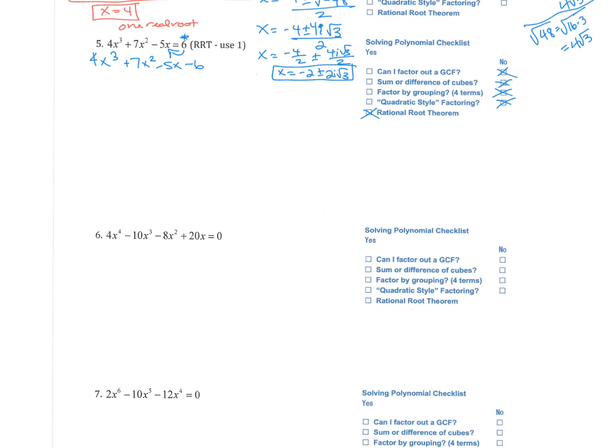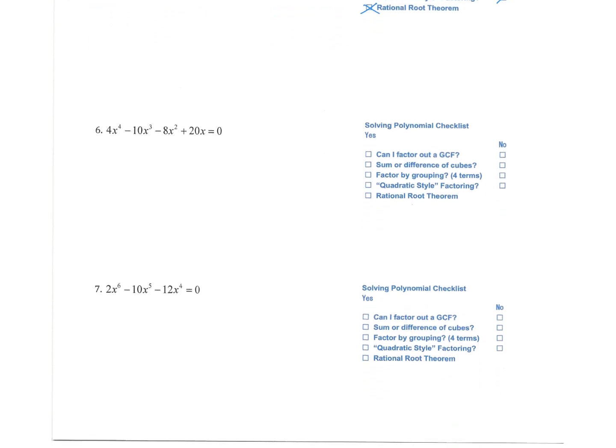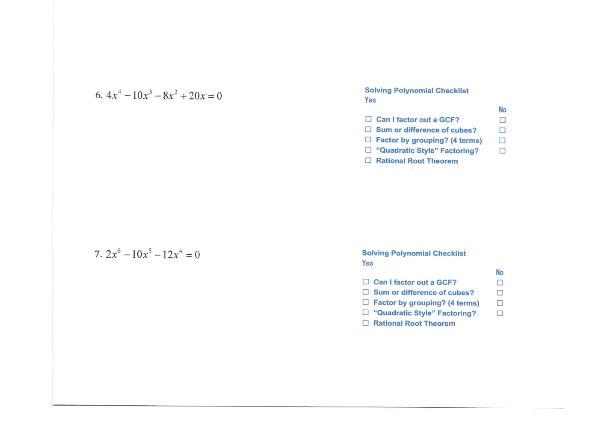Let's take a look down here at number 7. So it has 3 terms. That makes me think it might be quadratic style. But as of right now, I have an x to the 6th, an x to the 5th, and an x to the 4th. That itself is not quadratic style.